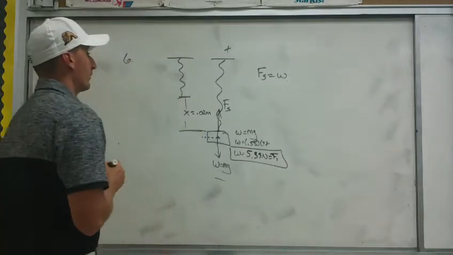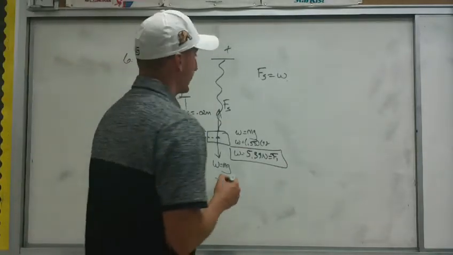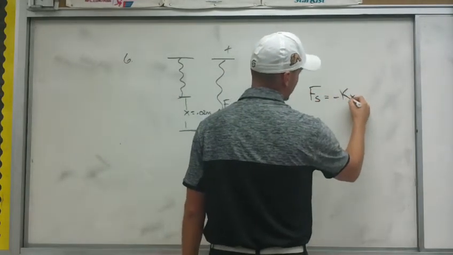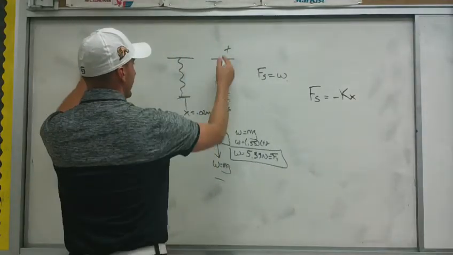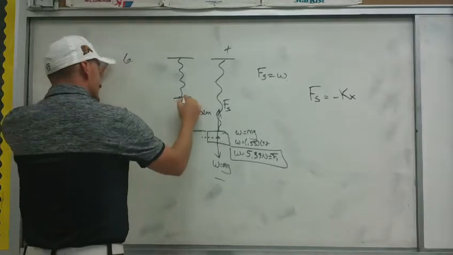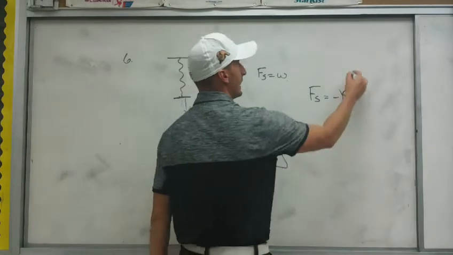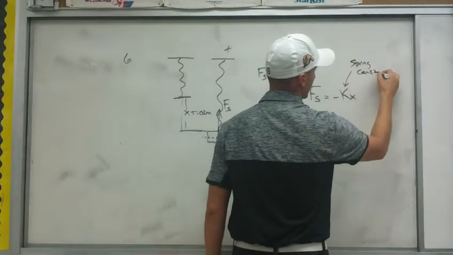All right, so if I have the force of the spring and x, I can use my force of the spring equation, Fs equals negative kx. All right, well, I have to decide. If up is positive and down is negative, delta x is going to be negative, right? Because you go down 2 centimeters. K is what we call the spring constant.